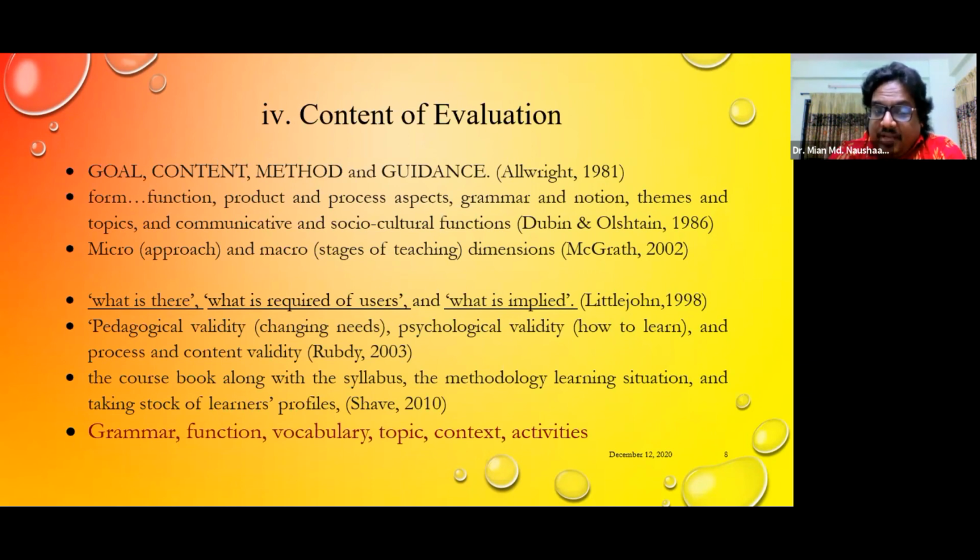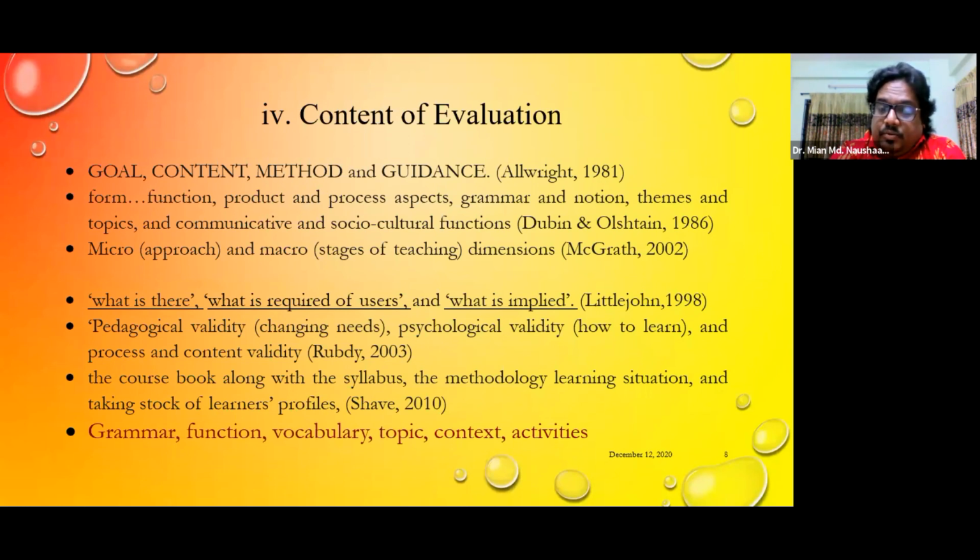And John Shave talks about looking at the course books in the light of the syllabus and the teaching methods assumed in the curriculum, the learning situation, or also in the light of the learner profiles, which include their socio-economic background, and their necessity, etc.